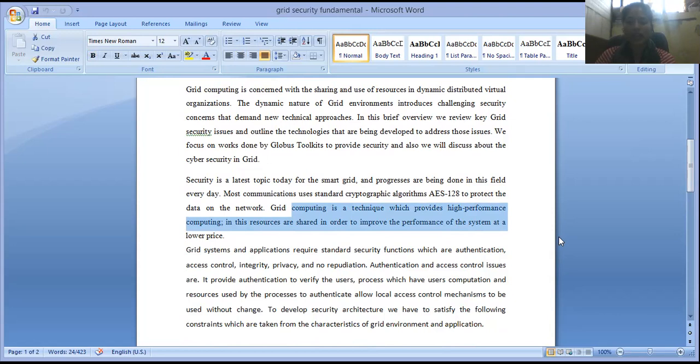Authentication and access control issues are: it provides authentication to verify whenever you are accessing the web data. So, firstly, you have to verify yourself that you are an authenticated person, an authorized person, to access that particular data. So, authentication is to verify the user's process, which has user computation and resources used by the process to authenticate in a local access control mechanism to be used without changes.